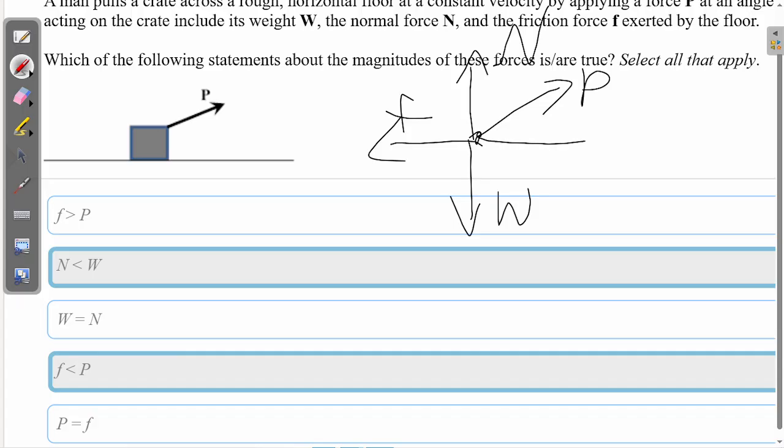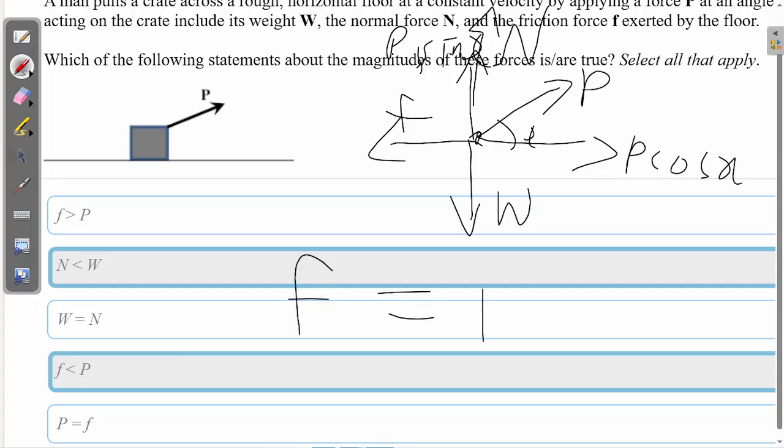Okay, now we project P. Let's say this angle is x, and this is P cosine x, and this is P sine x. Okay, first one, f is greater than P. We know that f is equal to P cosine x, right? Because it's a constant velocity.